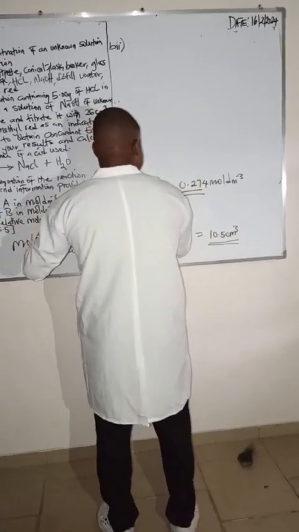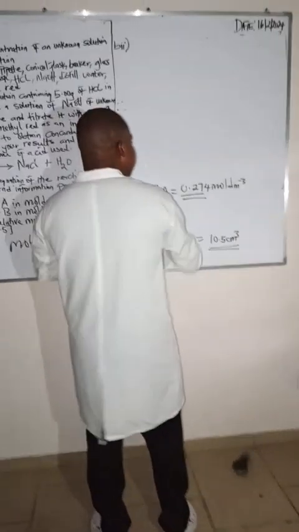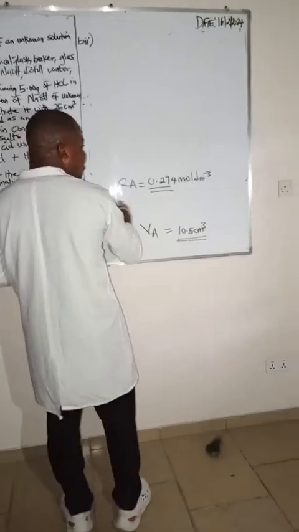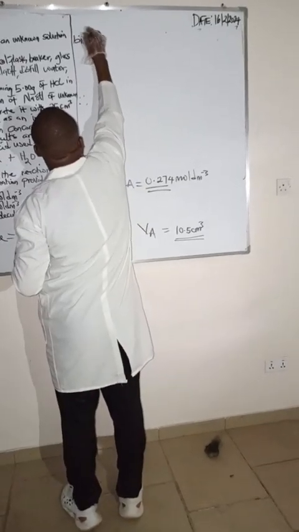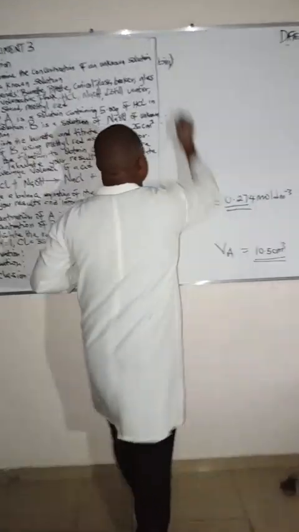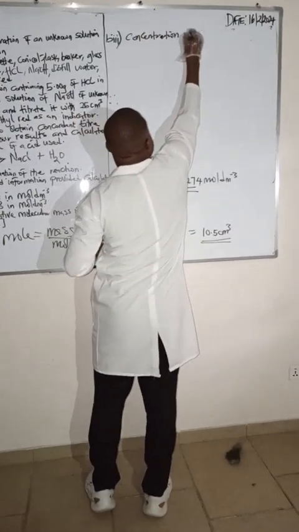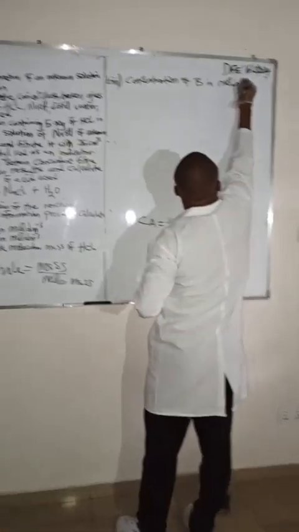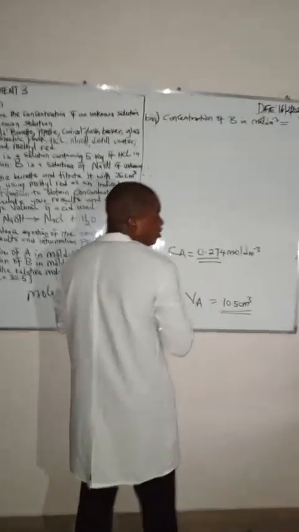This is our CA. CA is 0.274 mole per dm cube. Now, III, concentration of B, also in mole per dm cube, is equal to, we will introduce our titration formula.